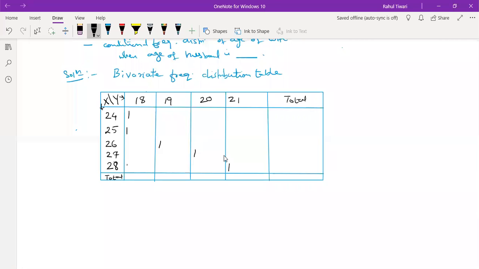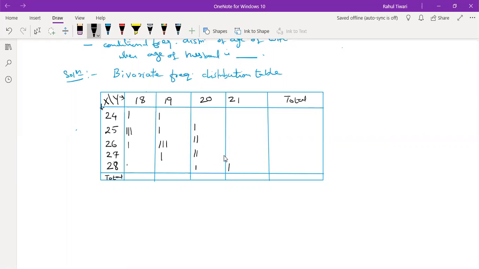Here we have three frequency. Let me know whether you are right, whether the number which I have written is right or wrong. This is one. Please check properly whether you are doing the tally mark properly or not. For 20 we have 1, 1, 2, 2, 1.